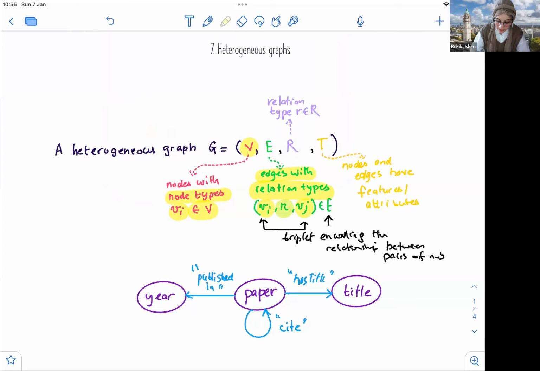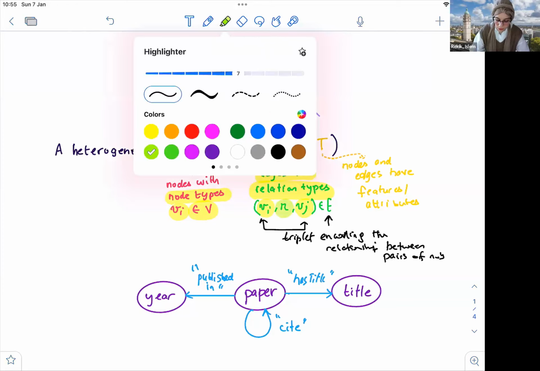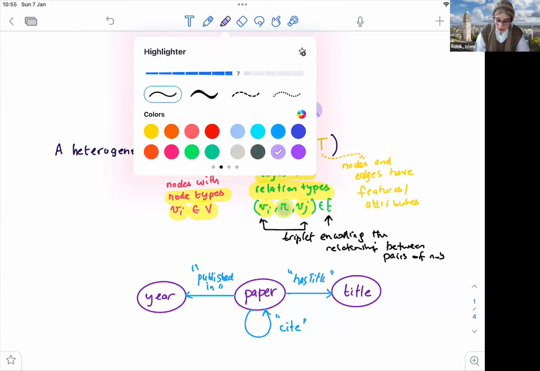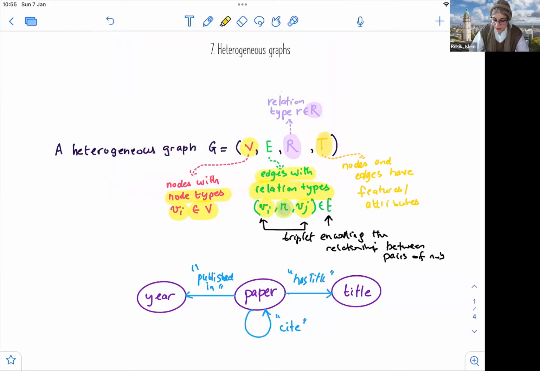And then next we have the type of the relationship. So we need to know which type of relationship we have. So we need to define this R. So here, the big set R defines all types of possible relationships. So this is the set that stores all possible relationships. And then the final one, T, is the nodes and edges that have features and attributes.